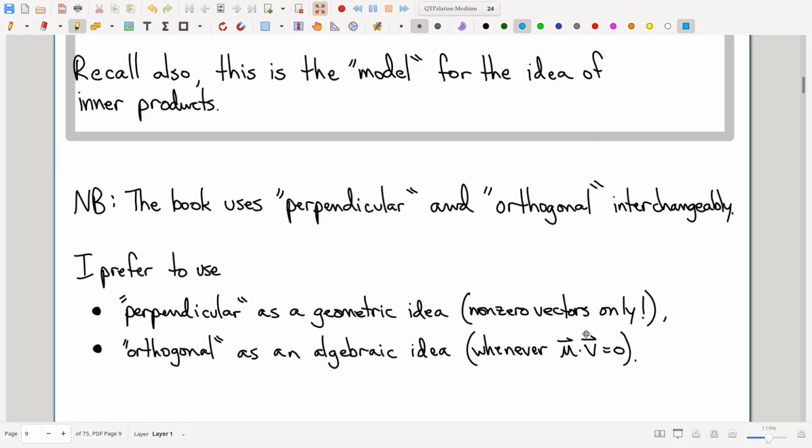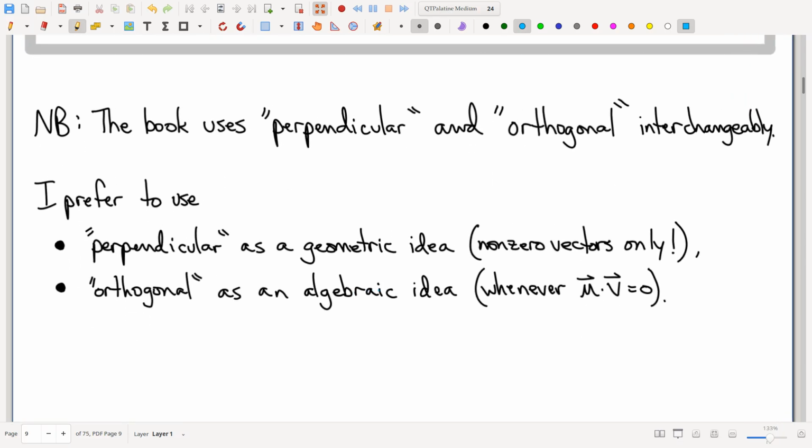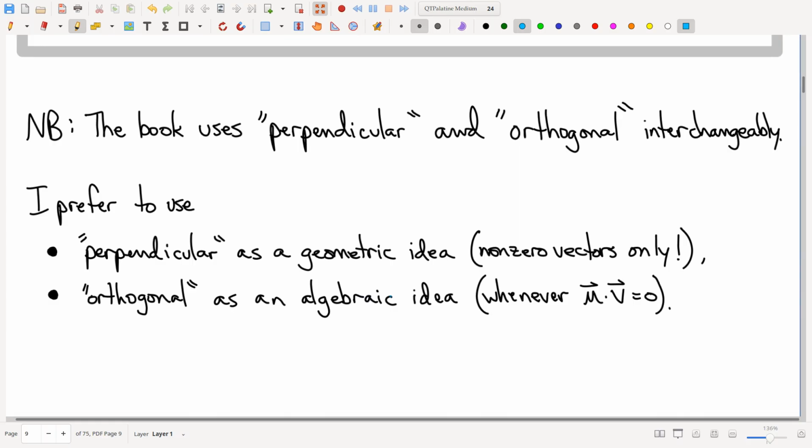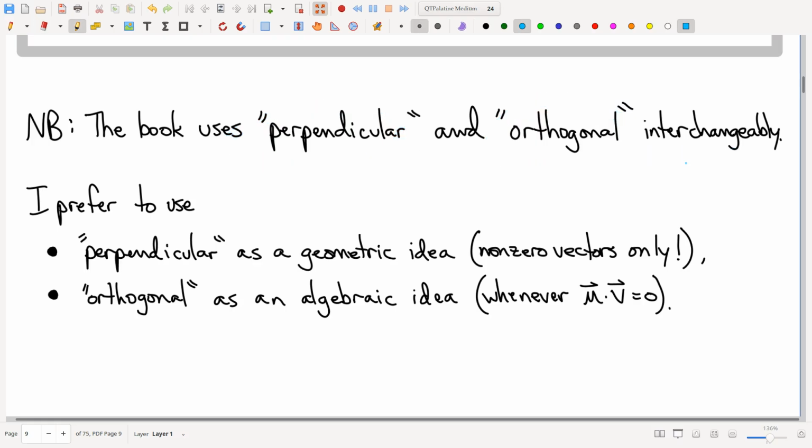Okay, moving along. I have a little stump speech that I always feel obligated to give about these two words, perpendicular and orthogonal. A lot of people use these terms interchangeably. I think it's a mistake. It's a missed opportunity at a minimum, right? So let me explain what I'm talking about.